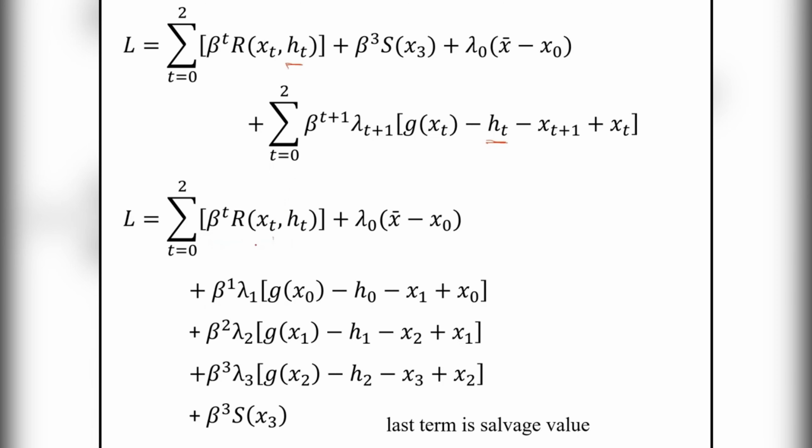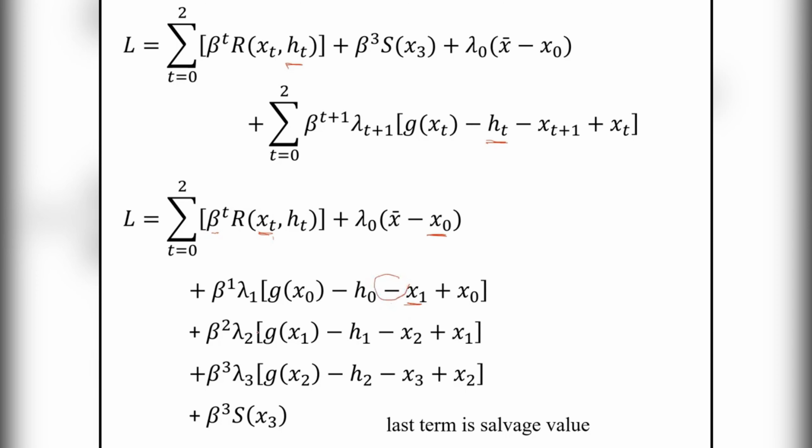All right, so notice when we take, let's just pick one. Suppose we want to take the partial with respect to x1. So then we have a beta to the power 1. We have an xt that occurs here, so we get a partial of r with respect to x1. There's no x1 here, there's only an x0. There's an x1 here. All right, so we have a beta 1, lambda 1, but it's a negative sign because of the negative sign here.